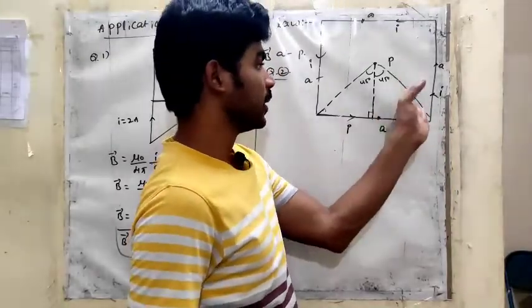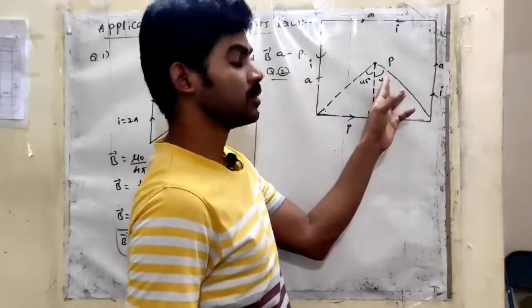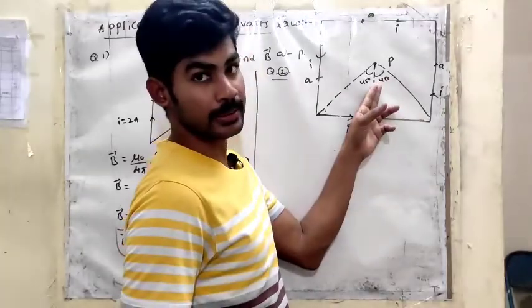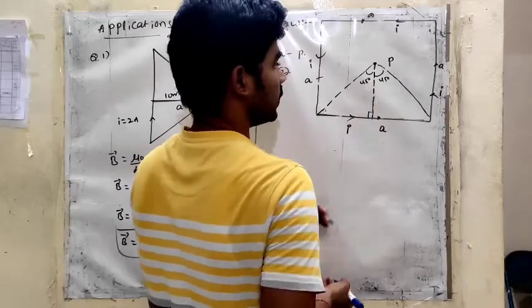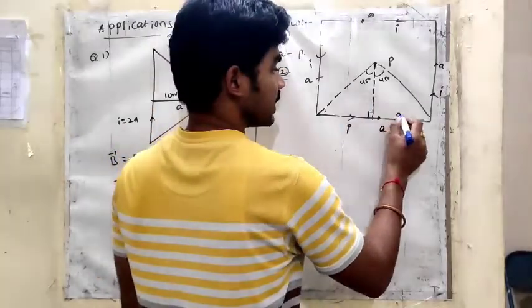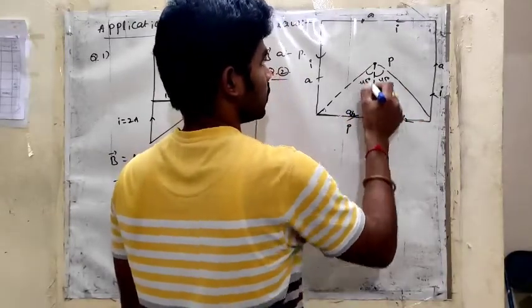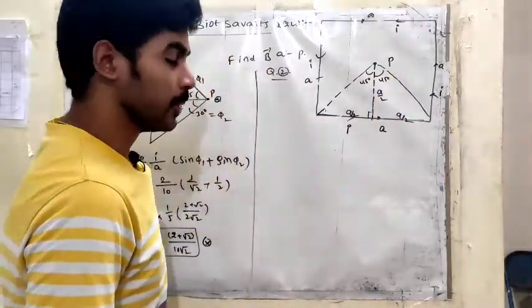So 90 is exactly the middle point, so this is 45 and this is also 45. 90 plus 45 is 135, 135 plus 45 is 180. So phi 1 is 45 and phi 2 is also 45. This total is the distance A, so this is A by 2 and this is also A by 2, which means this perpendicular distance is A by 2.